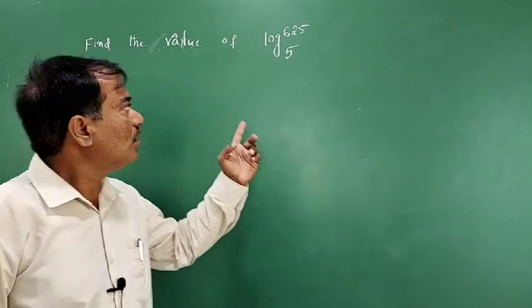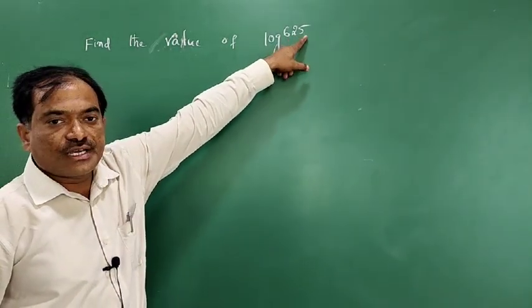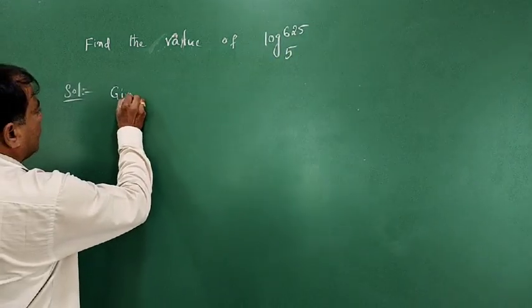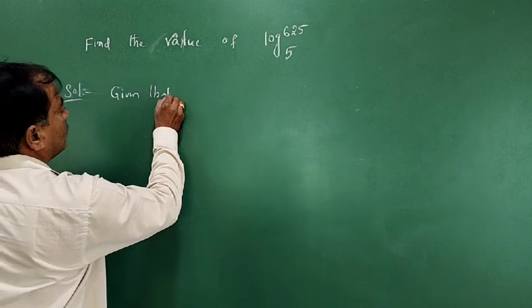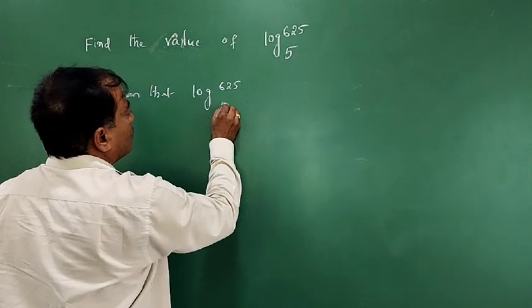The next example: find the value of log 625 to the base 5. Given log 625 to the base 5.